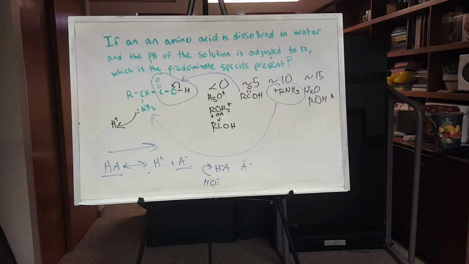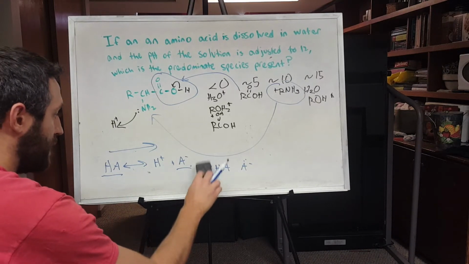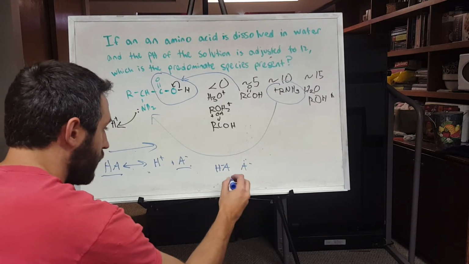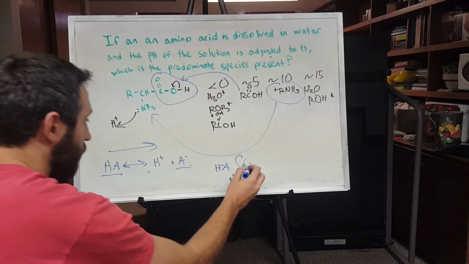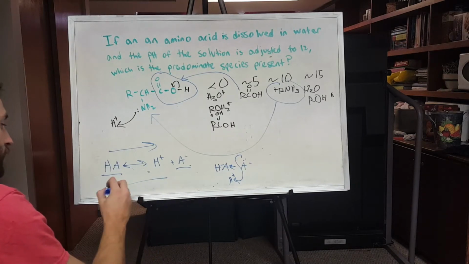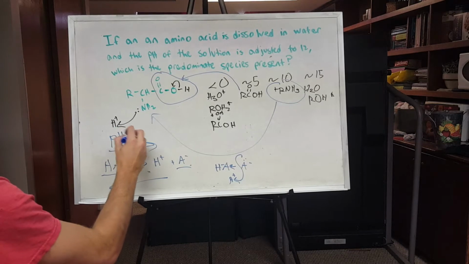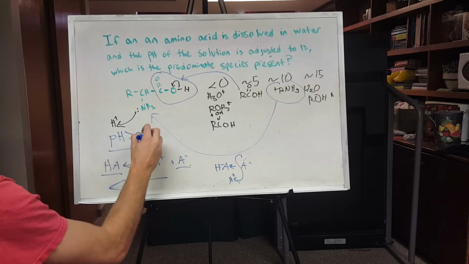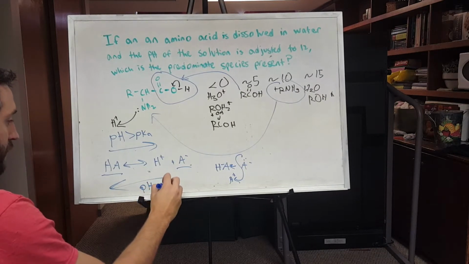And likewise, pH less than pKa. If we decrease the pH below the pKa, now we have extra H plus in there, and the base can pick up that H plus, which will turn it into an acid. So we'll shift the equilibrium back that way. So this is for pH greater than pKa, and this happened when pH was less than the pKa.